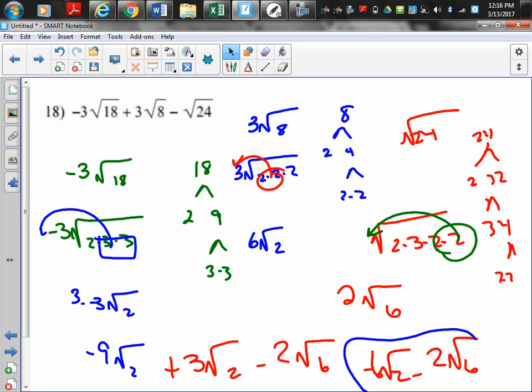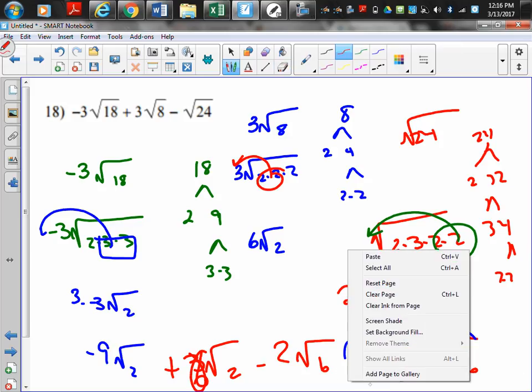I don't know how I get 6. What happened to the 6 square root of 2? How did you go to 3? This should have been 6 right there. I'm sorry. So this is going to be negative 3. See, I said negative first. I'm sorry, I got a 6.